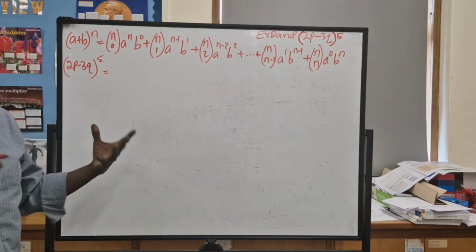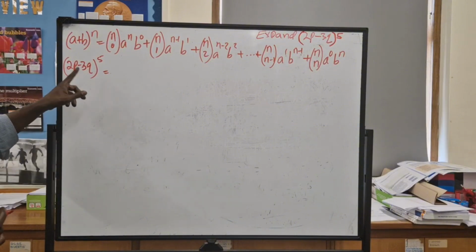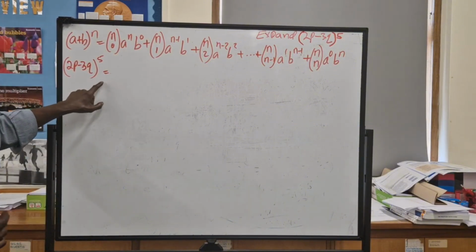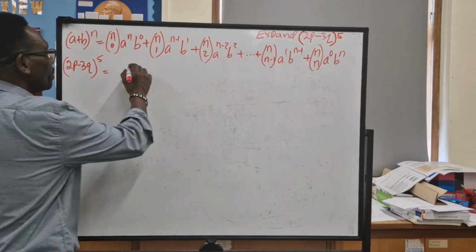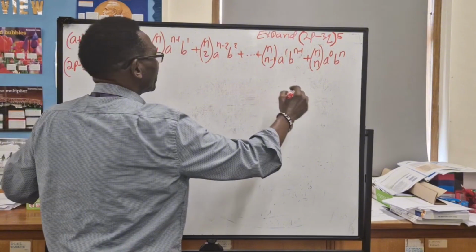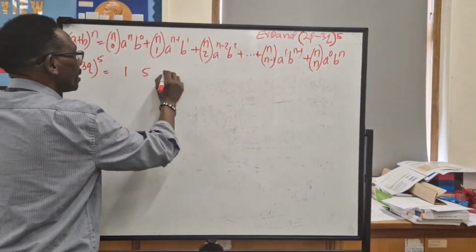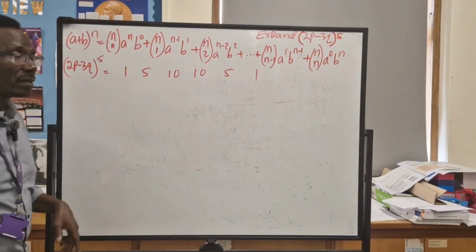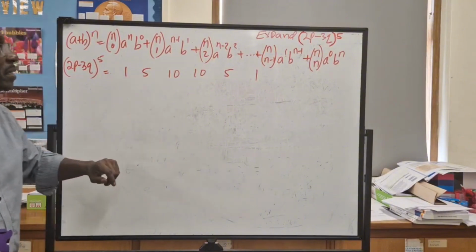I'm just going to get the coefficients straight from Pascal's triangle. For an expansion to the power 5, the coefficients are 1, 5, 10, 10, 5, 1.